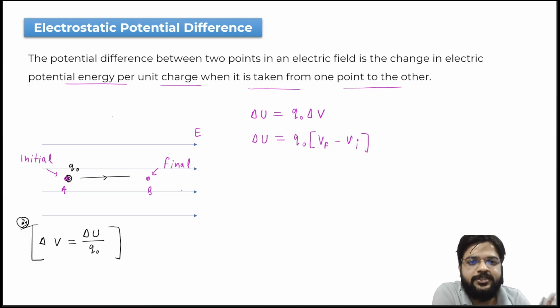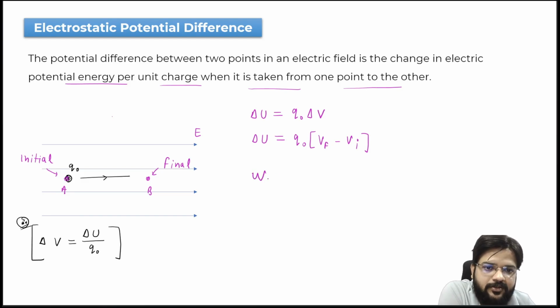Change in potential energy is equal to work done by the external agent. Correct? So work done by the external agent to move a charge from A to B equals del U, and del U equals Q naught times Vf minus Vi.